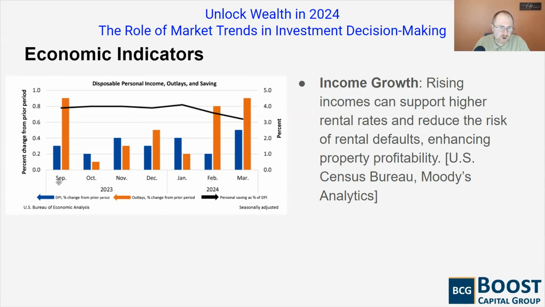And here you can see from September 2023 to March 2024, in orange is the percent of change in income, and it was pretty high, 0.8 or 0.9%. Then it was lower. It's fluctuating a little bit, but more recently, the income growth has been higher. So you can see the economy in America is pretty healthy.